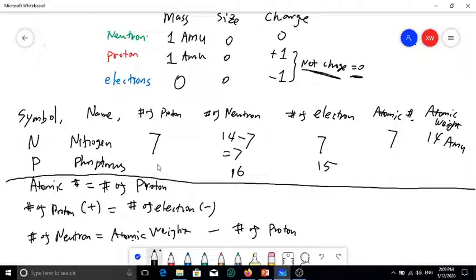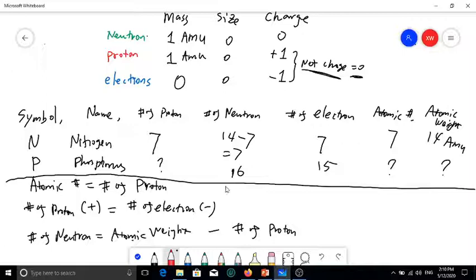Can you fill out the number of protons, atomic number, and atomic weight, but not by looking at the periodic table? You can pause the video here and see if you can figure it out using the relationships.